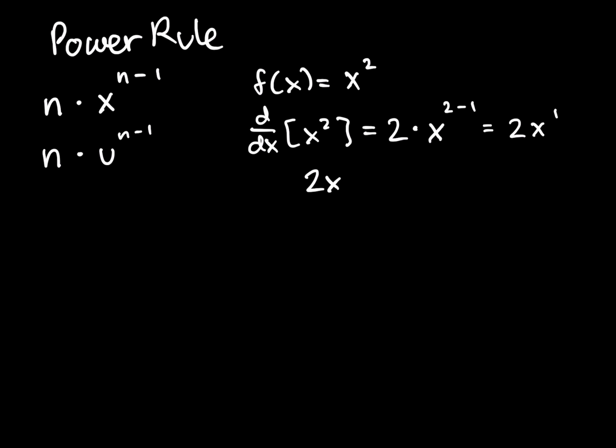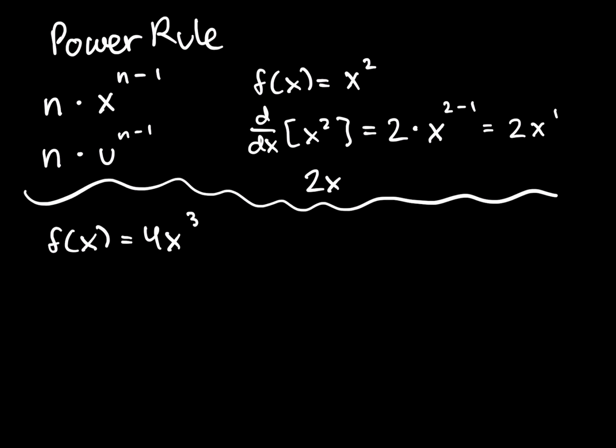Now, let's say we're given the function f of x equals 4x to the third power. How do we find the derivative of this? Well, notice how we have a constant in front of the x to the third power.